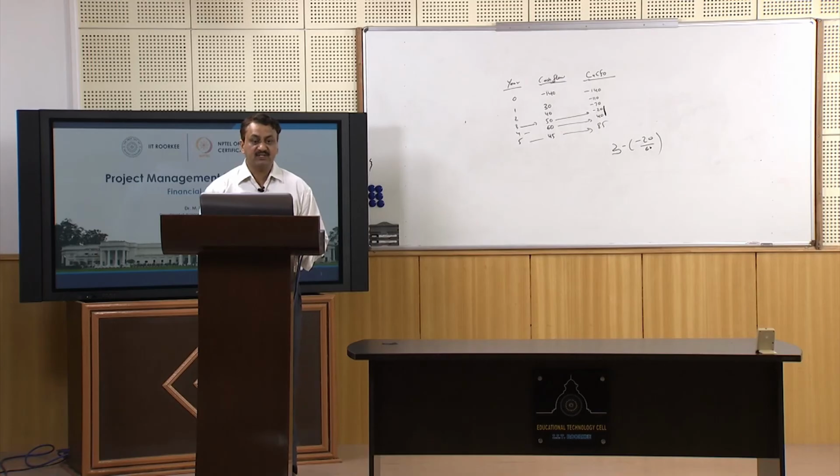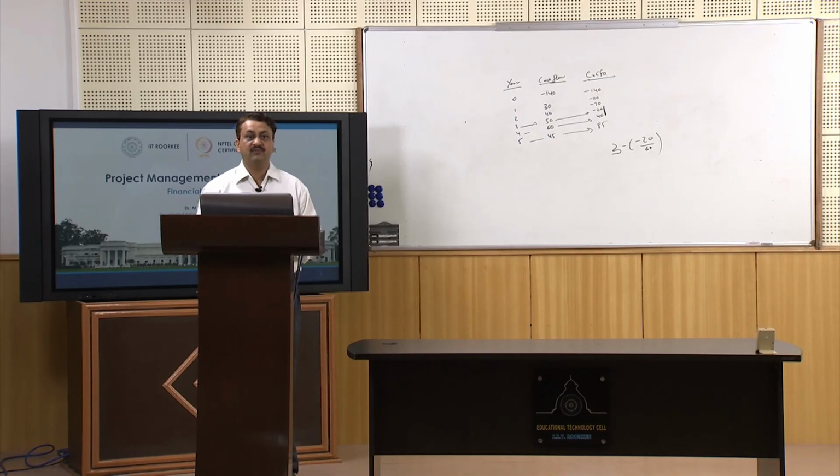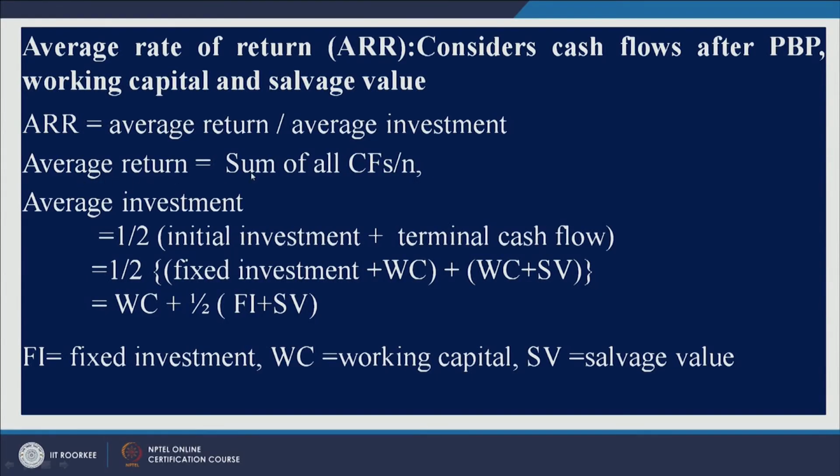Average rate of return is nothing but average return divided by average investment. For calculating average return, take the summation of your cash flows divided by the number of years. So, this is average return.